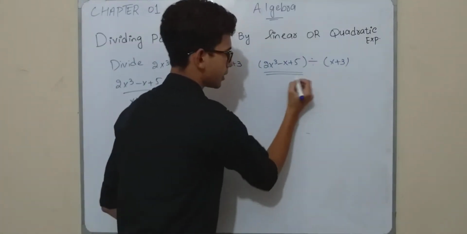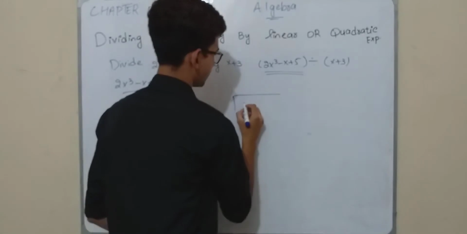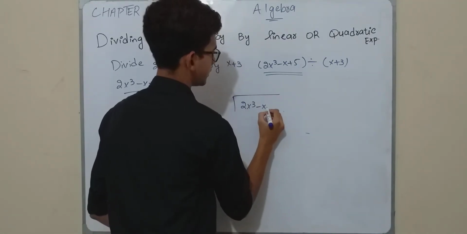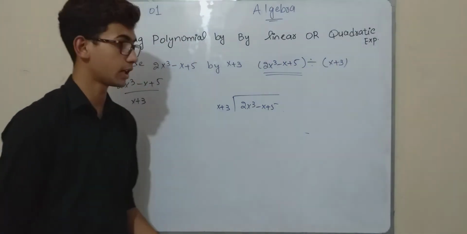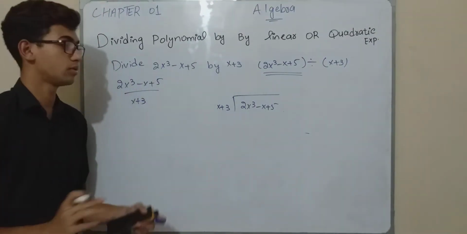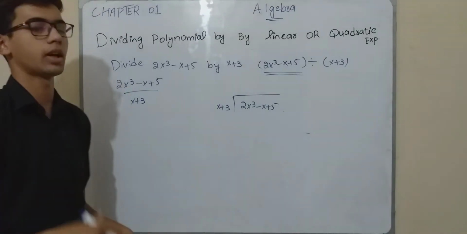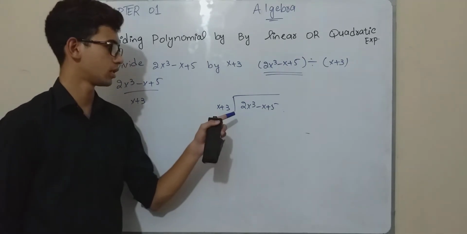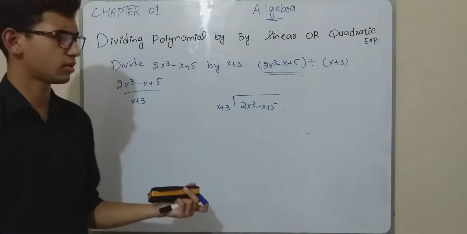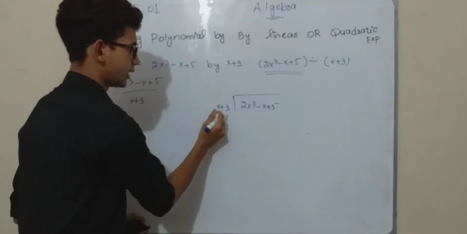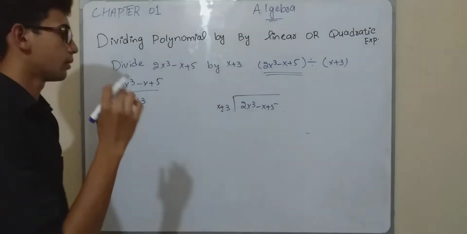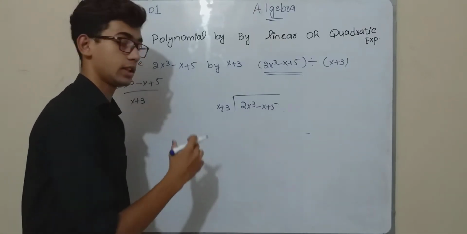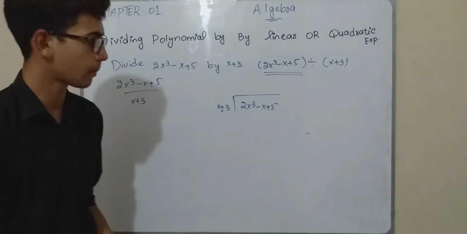Put this expression in the home, 2x cubed minus x plus 5 and x plus 3 outside. Now to divide this completely, might not be completely because maybe it's not a perfect divisor of it. Alright then, you have a plus or addition sign here, so you are bound to multiply the variable and the constant one by one.